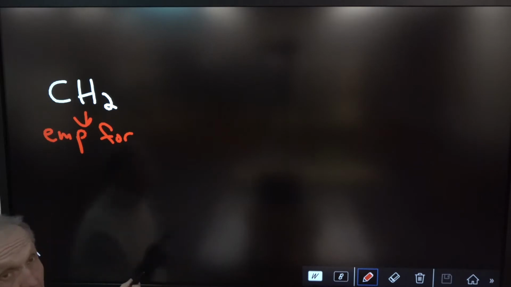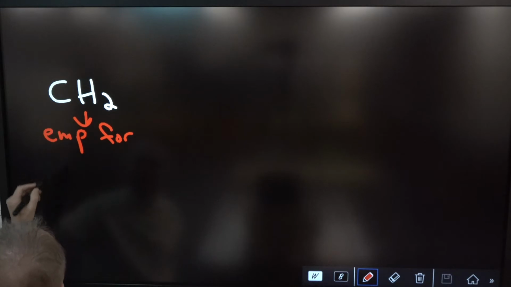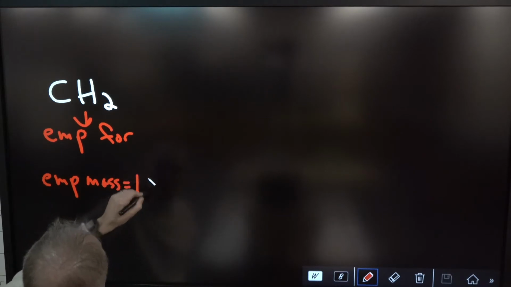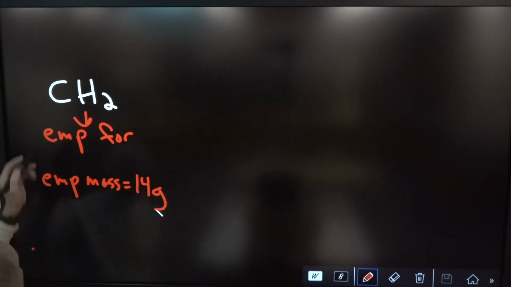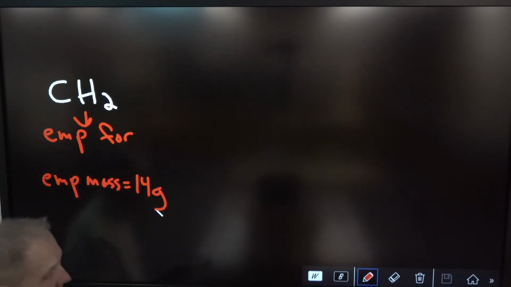Now, what's the empirical mass? The empirical mass is 12, 13, 14. So, empirical formula, empirical mass.